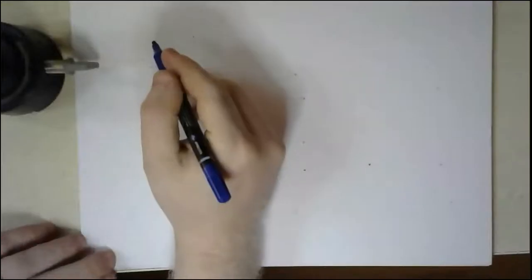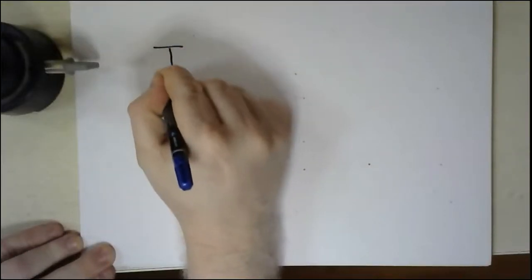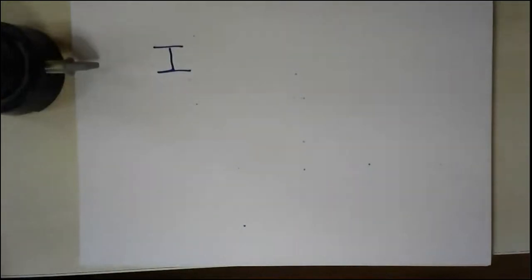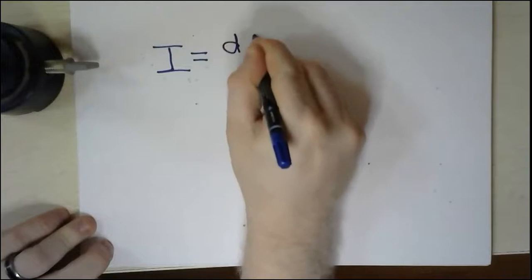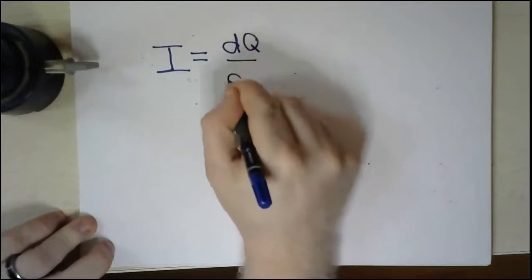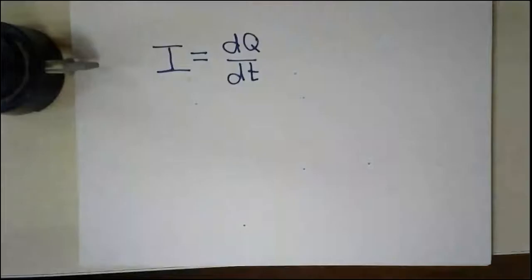If you return back to your physics in high school or maybe in prep, you know this important definition, that I, where I is the electrical current, equals dq by dt. I believe that all of you have already seen this definition before. I equals dq by dt.